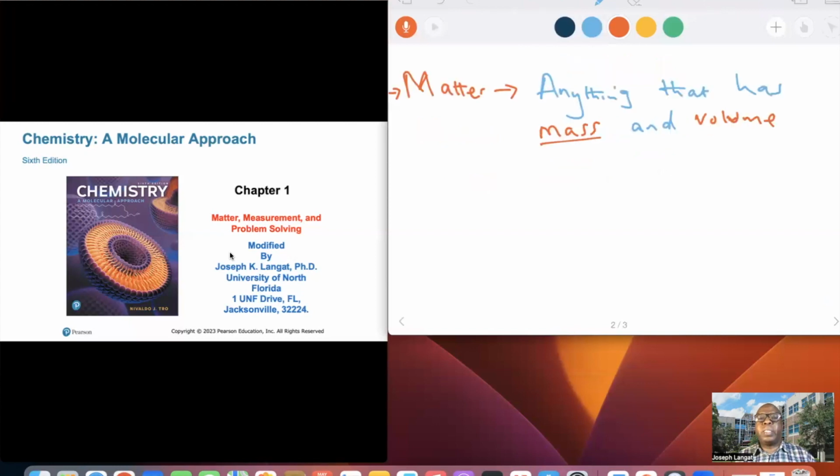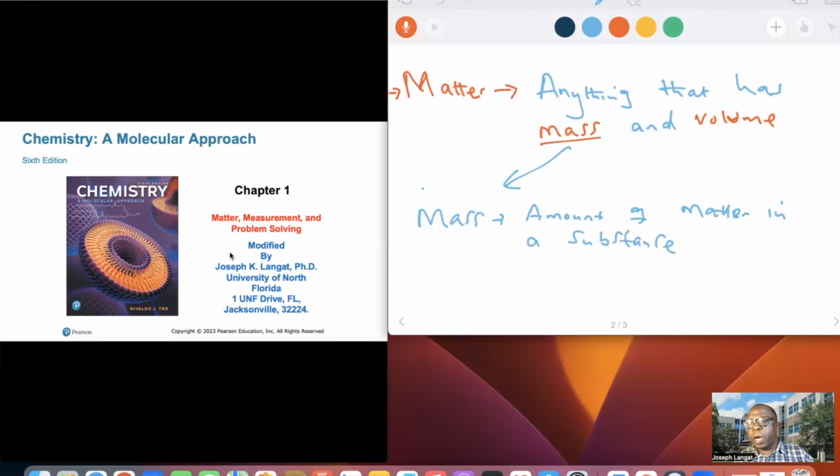Matter is defined as anything that has mass and occupies space or has a volume. You can also break this down. Mass is simply the amount of matter in a substance.